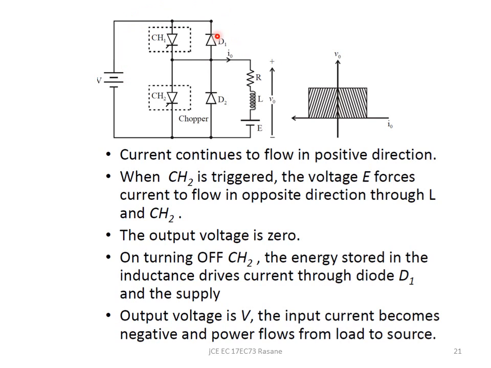So the supply gets connected when D1 is on. So the output voltage will obviously be V, because plus gets connected through the diode. But the input current is discharging to the source. So in class B, the current flows from the load to the source, and hence it is opposite, and that falls in quadrant 2.